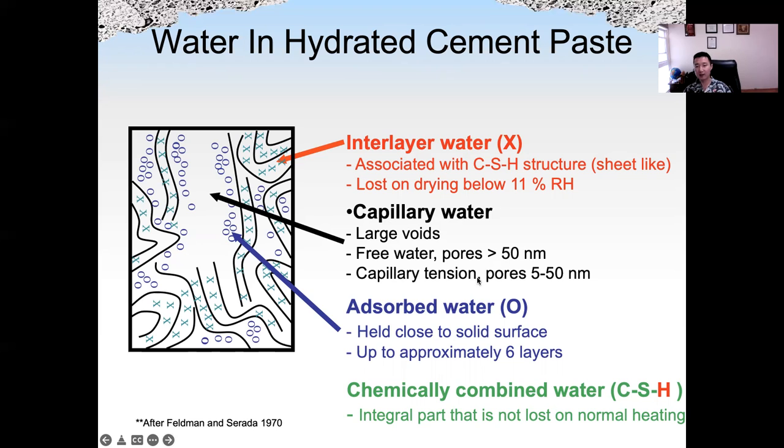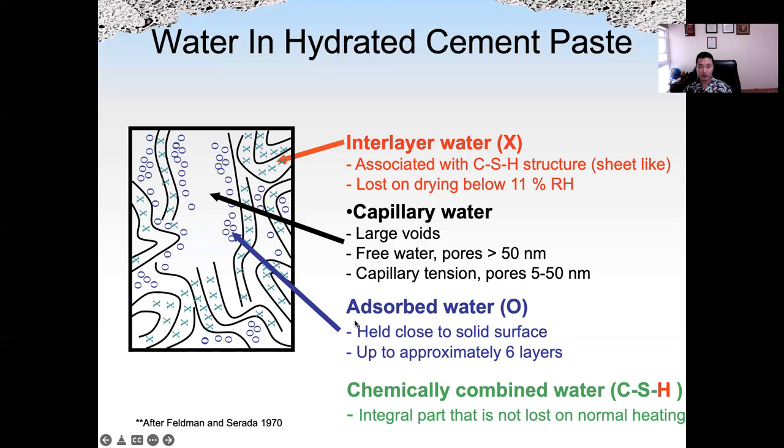For the water in smaller pores, when the water evaporates, it will cause the concrete to shrink. Sometimes the concrete will crack due to too much shrinkage, because when water leaves smaller pores, capillary tension occurs. We have a dedicated lecture on the shrinkage mechanism of concrete.